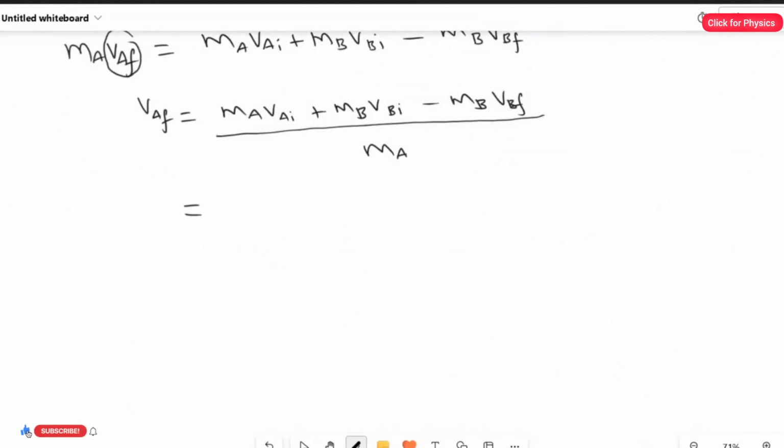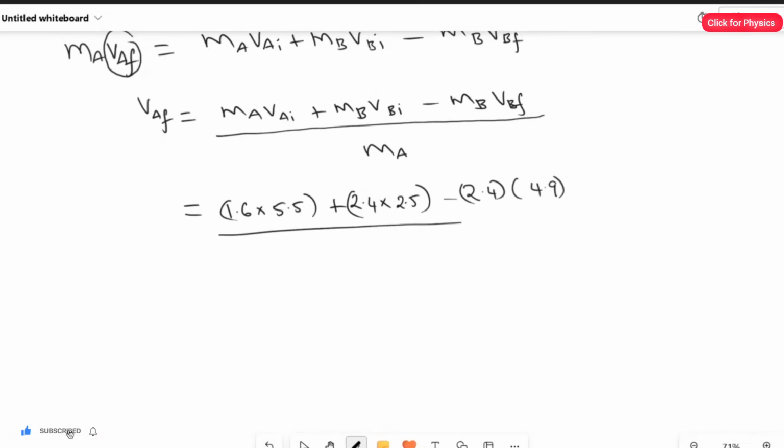MA value is 1.6, multiplied with VAI, which is 5.5, plus MB, which is 2.4, multiplied with VBI, which is 2.5, minus MB, again 2.4, multiplied with VBF, which is 4.9, divided by MA, which is 1.6.